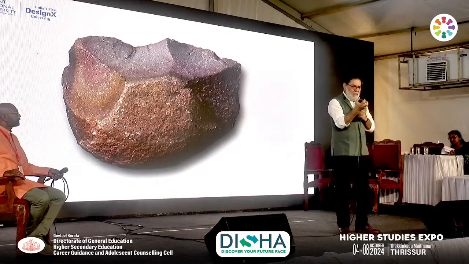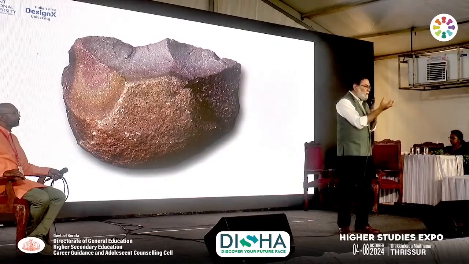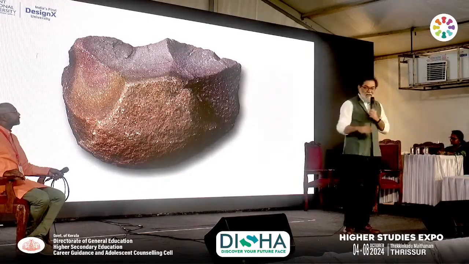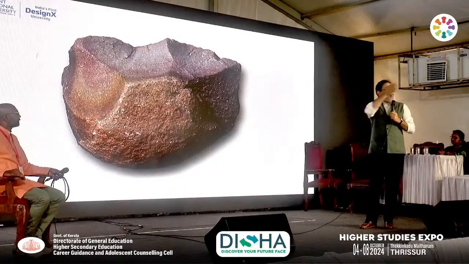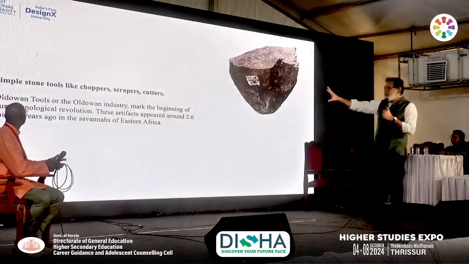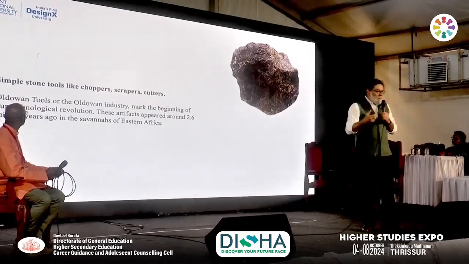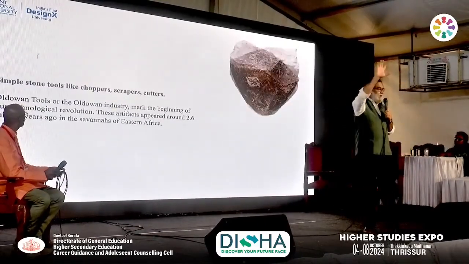So in order to make it usable, handleable, they had to chip certain sides. See, a shape has been given to it. Change, please. So this is a simple stone tool, one among the oldest, from East Africa, Tanzania.